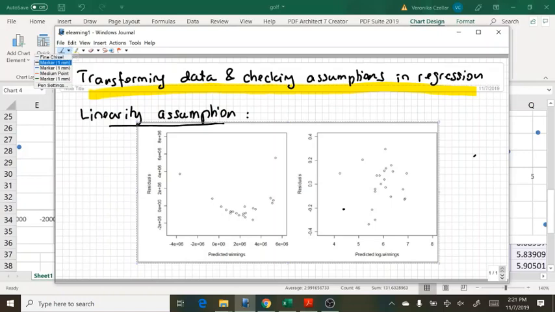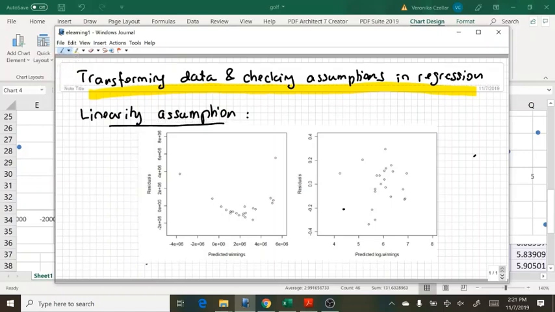So here, linearity not satisfied, not okay. And here the linearity assumption is okay. Right.